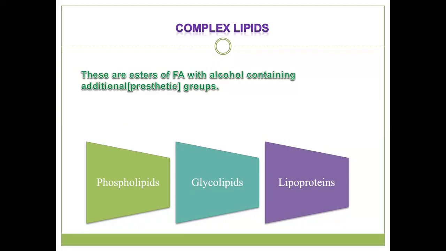If it is a phosphate group, the lipids are called phospholipids. If it is a carbohydrate, they are called glycolipids. If it is a protein, they are called lipoproteins. Shortly, we are going to see some of these, and we have another discussion in the next slide where we'll talk about lipoproteins.